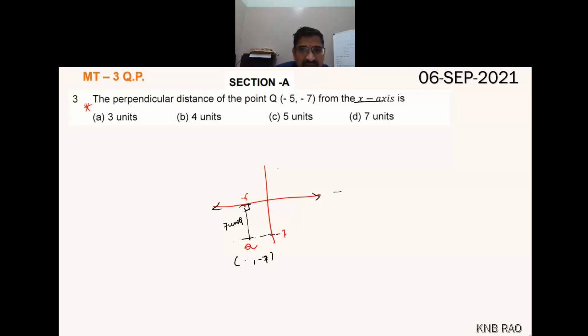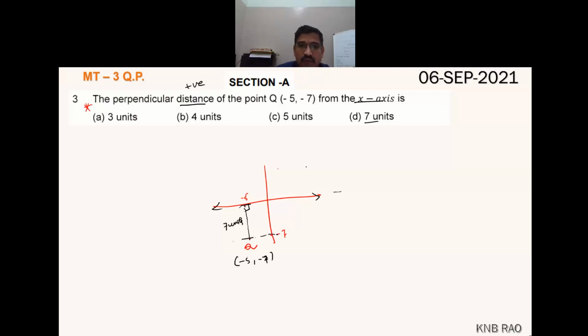Remember, distance will never be negative. Suppose if they give -5, -7, 5, 7, then you cannot choose -7. Distance is always positive. I reduced your confusion by not giving negative numbers. So you have to choose 7 units.